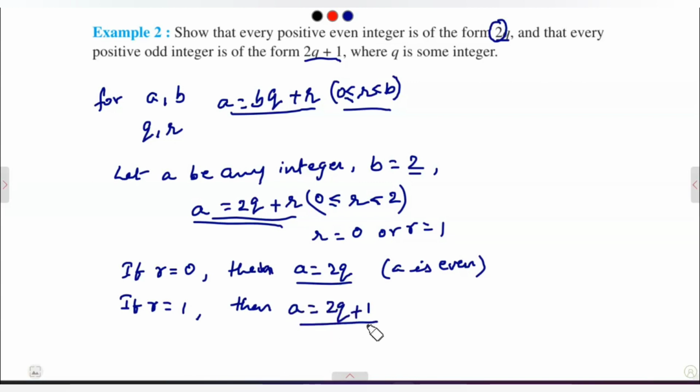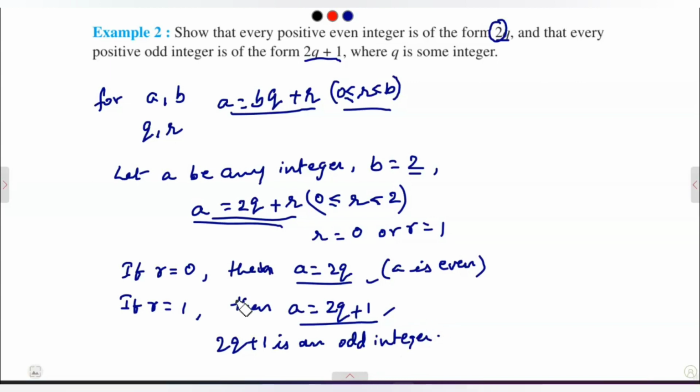So if 2q is even, then 2q plus 1, the other integer, should be odd, since integers are always either even or odd. So 2q plus 1 is an odd integer.